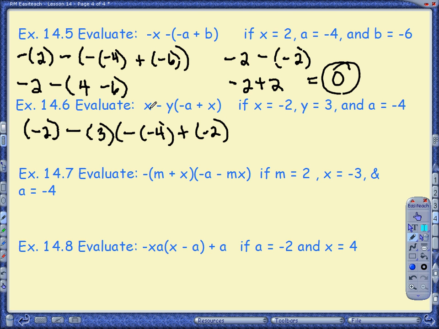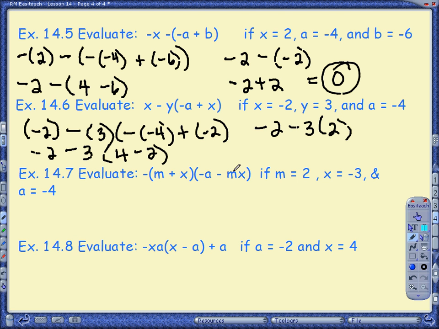Okay, well, we're going to do the work in these parentheses first. Here's this, here's that. I'm just going to rewrite these. I can actually do -2 minus 3. There's only one negative. This is going to be a positive, so it's going to be 4 minus 2. I add in parentheses. 4 minus 2 is 2.